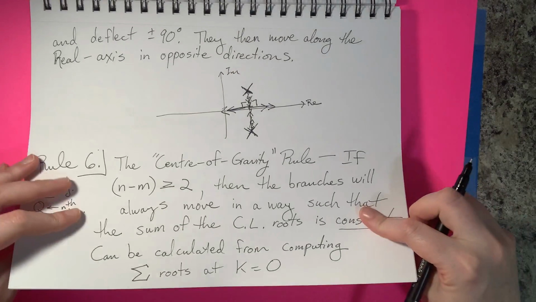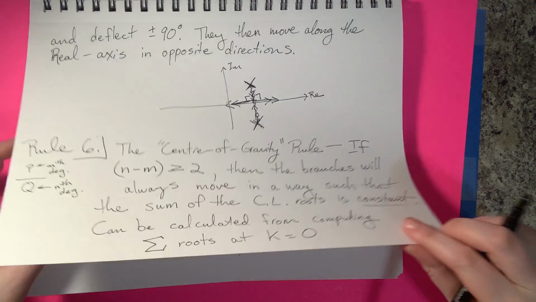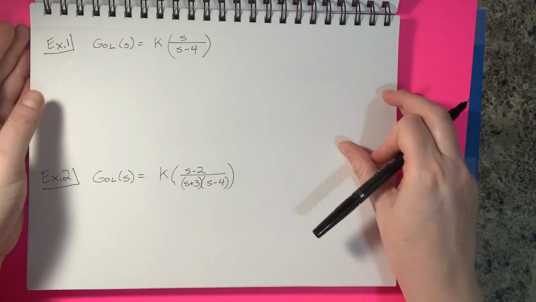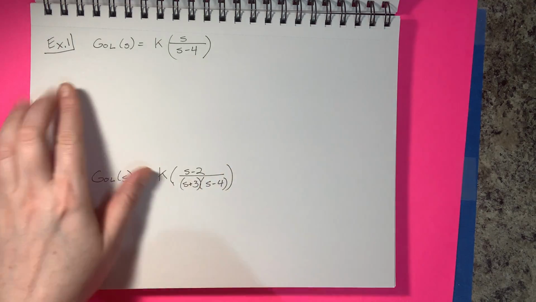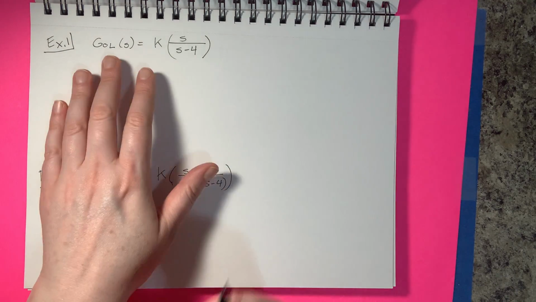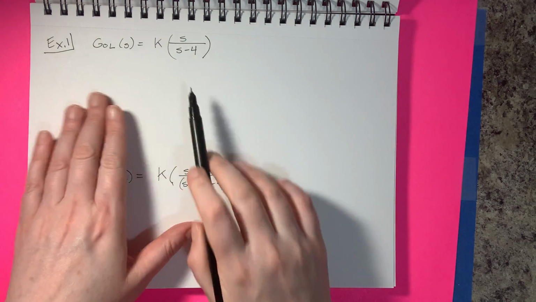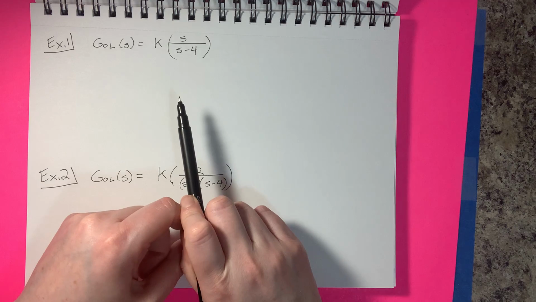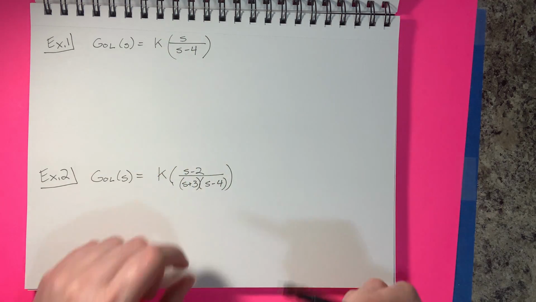So let's go ahead and see how to proceed for doing an example and drawing a locus. Okay. All right, so let's say for example number 1, we have this kind of a formula right here. You can see that we have a polynomial on both sides, a numerator and denominator.